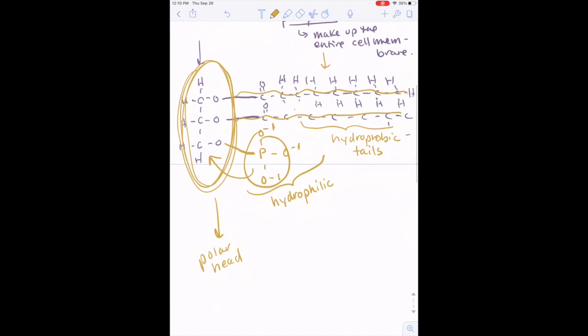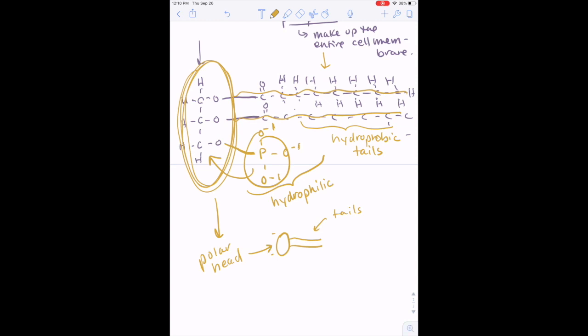And from now on, when we draw the phospholipid, we're not going to draw all of this stuff here. We're going to draw the polar head that has the phosphate group that's negatively charged. And we'll draw these hydrophobic tails, just as kind of sort of wavy lines like that. So these are our hydrophobic tails, and this is our polar head right there.